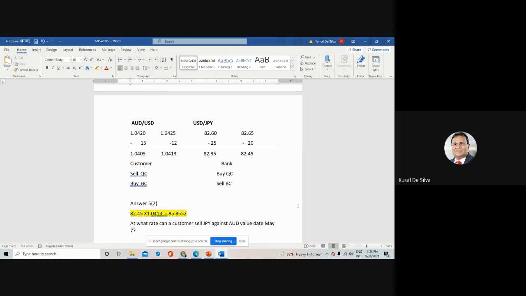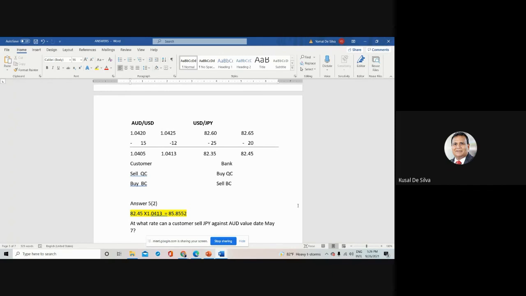If it is a premium, before you divide or multiply, you have to add the premium, whether it is the bid rate or the ask rate, as per the question. If it is a discount, you have to deduct it from either the ask rate or the bid rate. It's as simple as that.